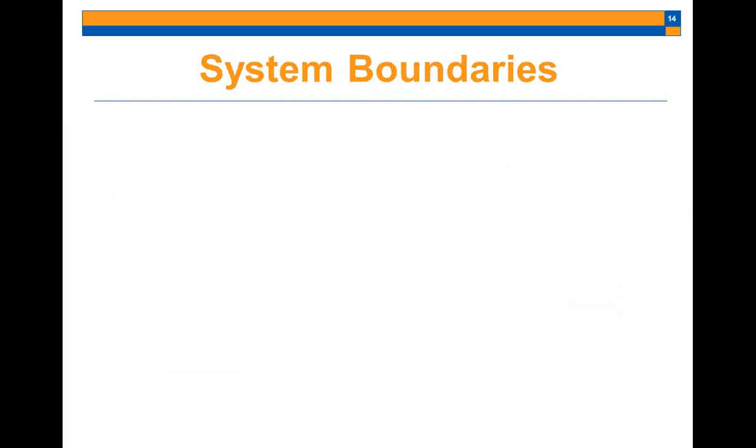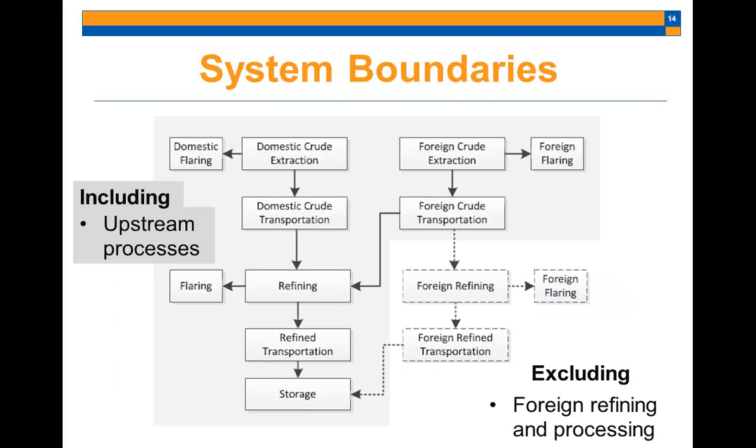The system boundaries of this model include, so it includes what's not in the dotted lines here. So that is domestic and foreign crude oil extraction and flaring, transportation, and then domestic refined transportation and storage.